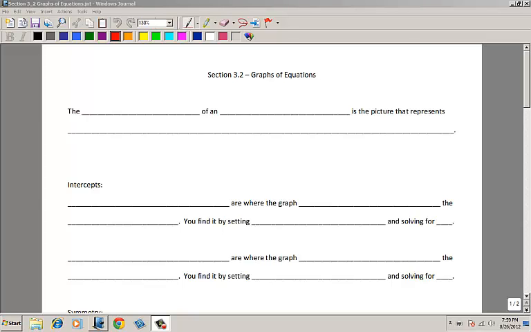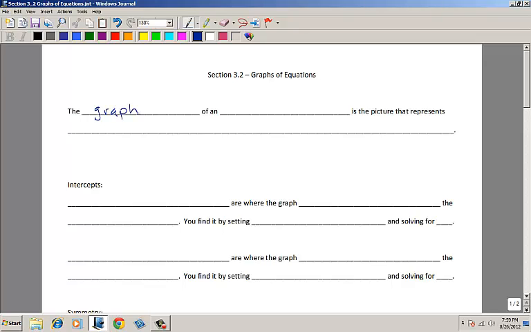Section 3.2 deals with graphs of equations. The graph of an equation is the picture that represents all the solutions or ordered pairs for this equation.